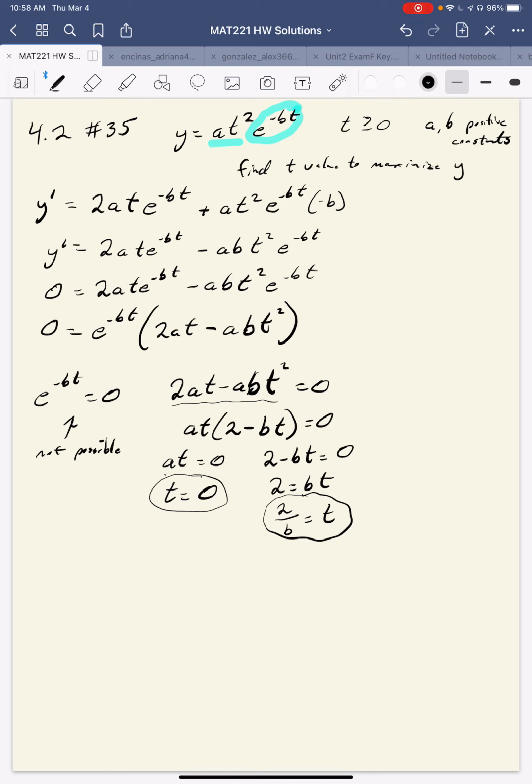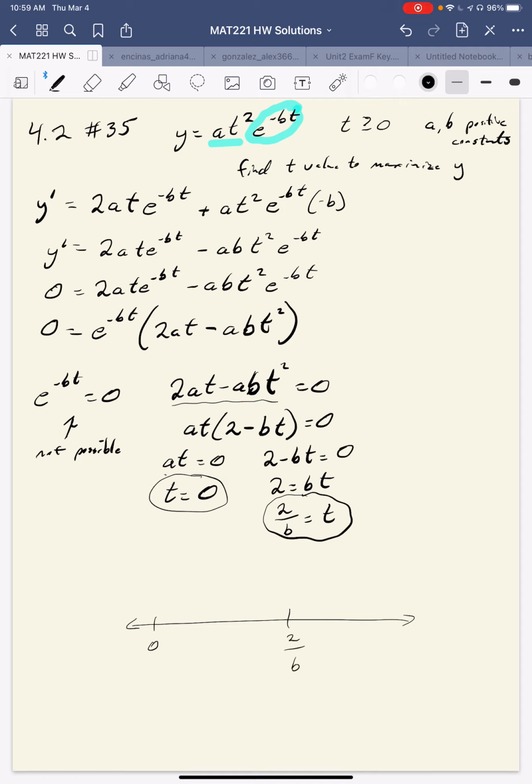Okay. And so we want to find out which of these points is a maximum point. We want to actually find the t-value that would make this point maximum. And so what we need to do is come over to, I'm going to use the first derivative test, which remember I draw the little number line and I put my critical points on, 0 and 2 over b.